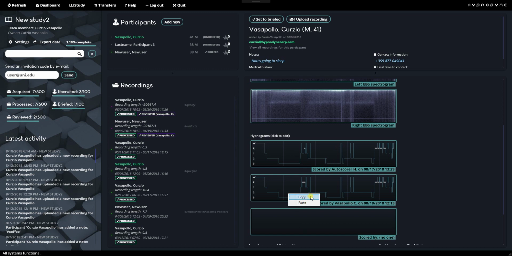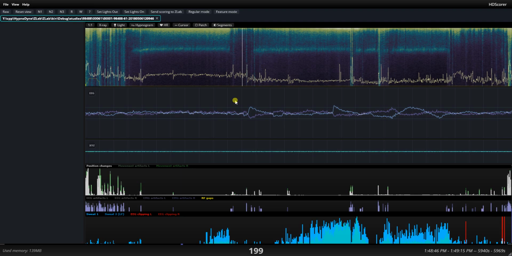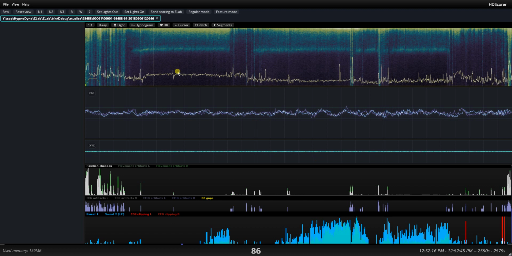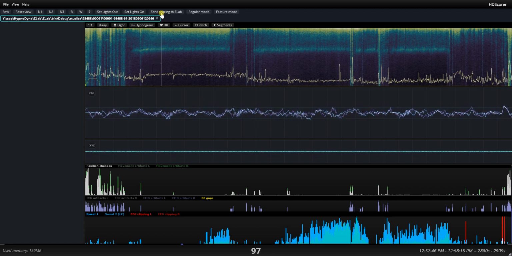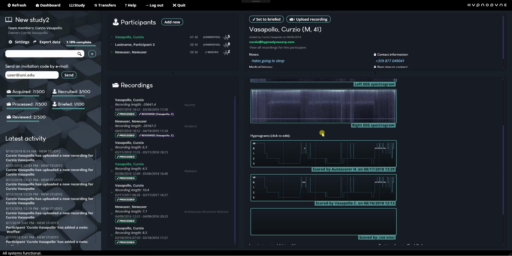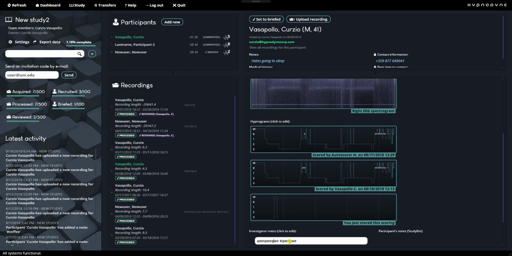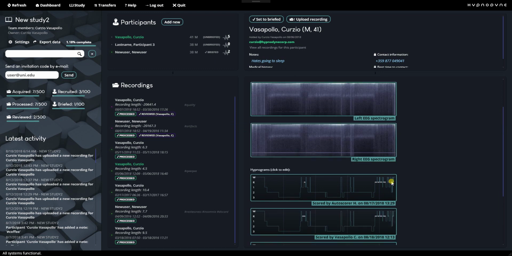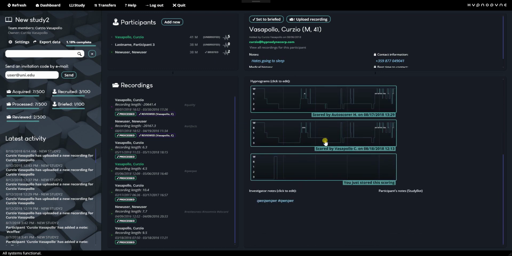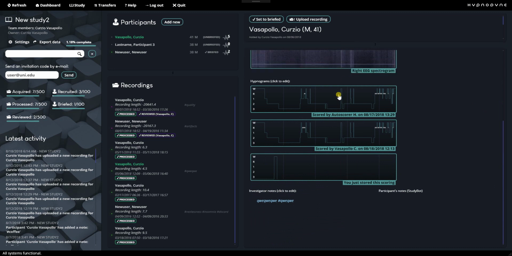For example, maybe you don't want to copy and paste, you just want to start from scratch. I'm just going to mark a few epochs, send scoring back, and now you have a third hypnogram. So this is all available in plain text. Remember also that you have the investigator notes with the automatically extracted hashtags, and you can use all of these for processing and doing your own calculations or your own investigations.